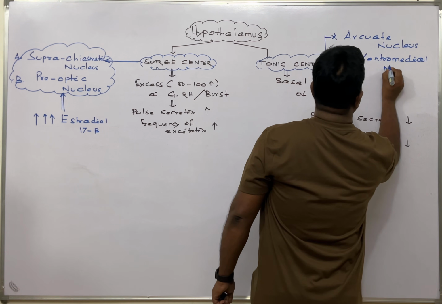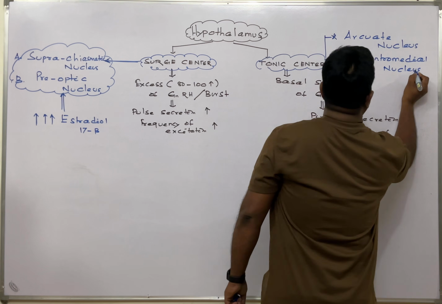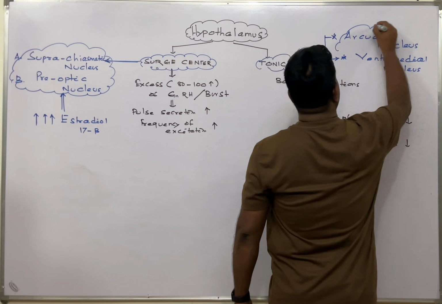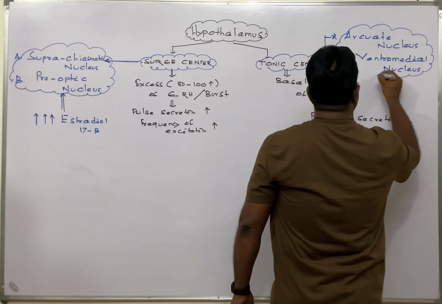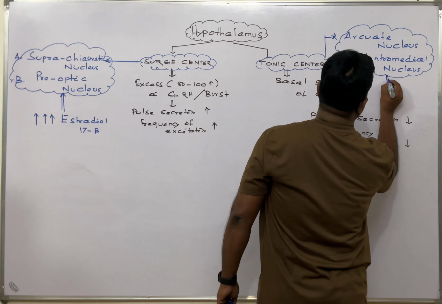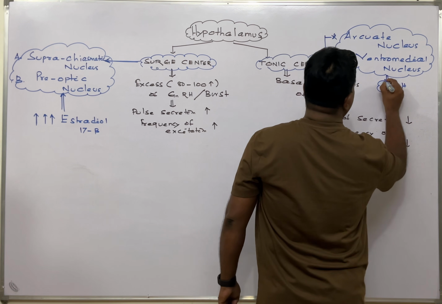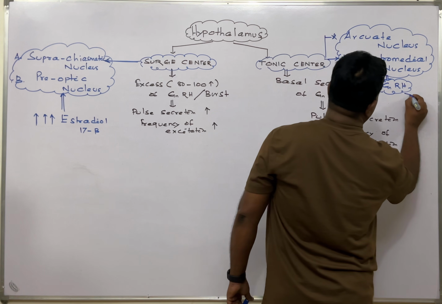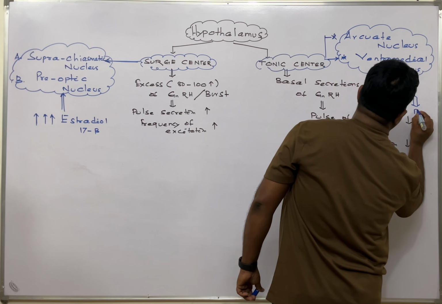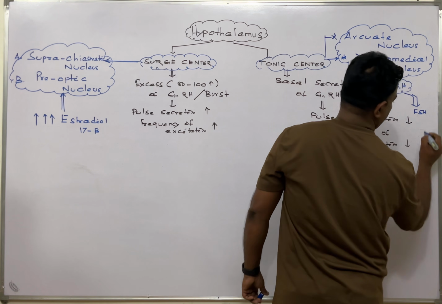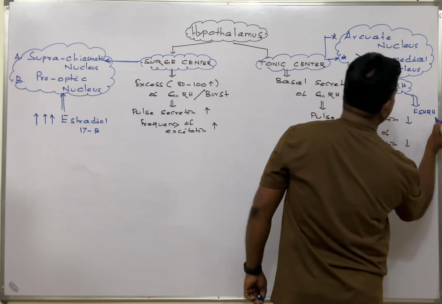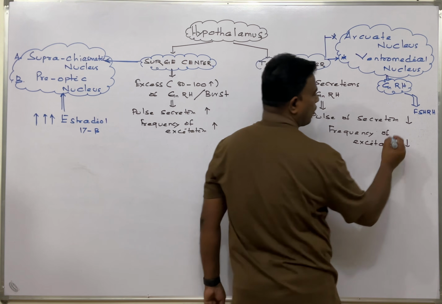These are the two centers which are causing the secretion of GnRH, and their stimulant is mostly regulating the FSH, follicle stimulating hormone releasing hormone.